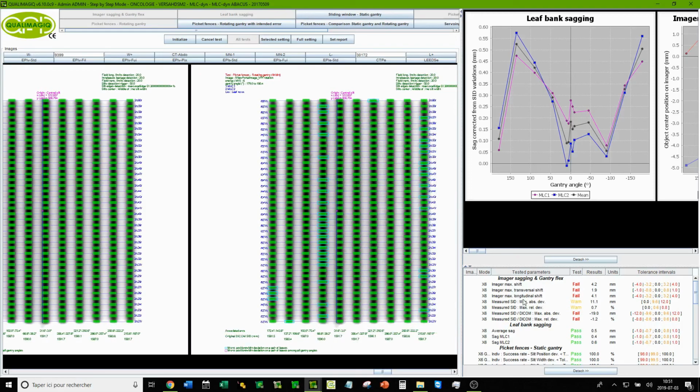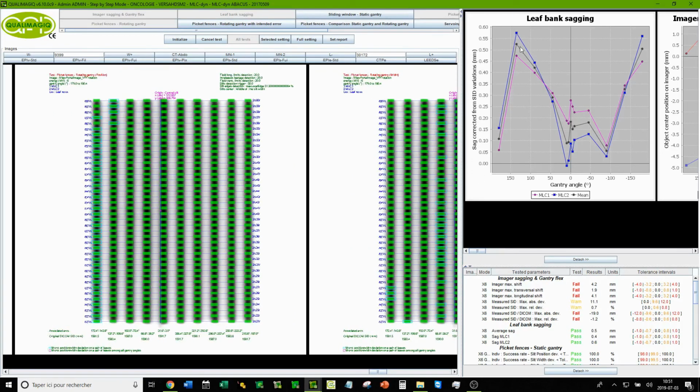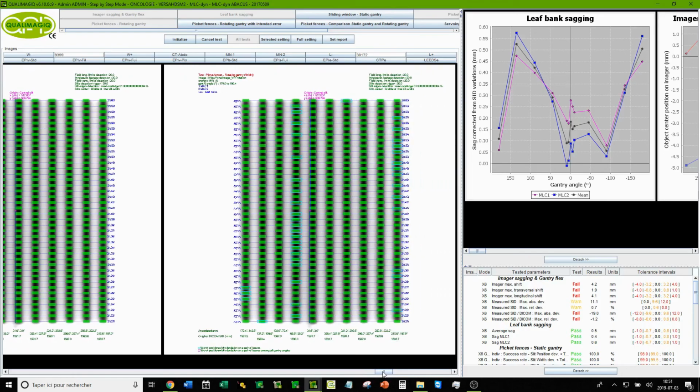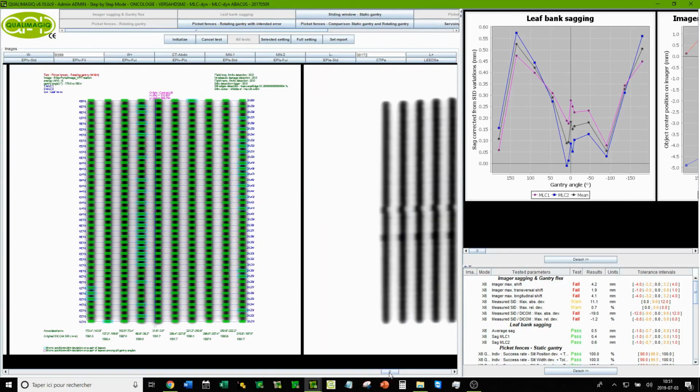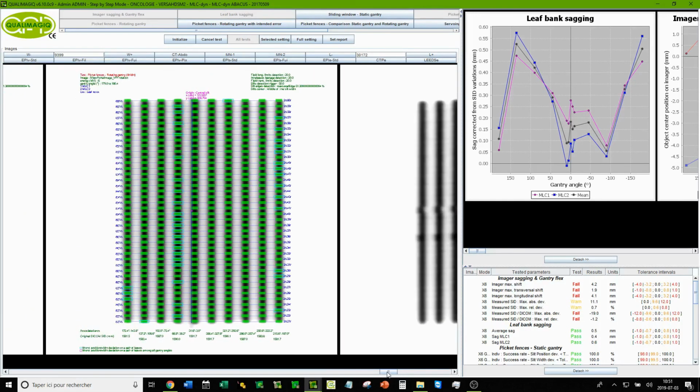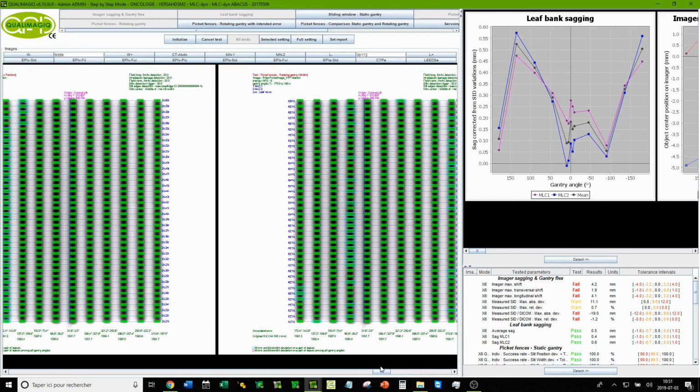Positions and width will be measured in this corrected image. As the tolerance for Elekta is 0.8 mm, the 0.6 mm of leaf bank sagging being within tolerance does not show up in the position results, which are correct, as are the tests of slit width, given that the tests of slit width are not impacted by the improper movements of the portal imager and gantry flex.